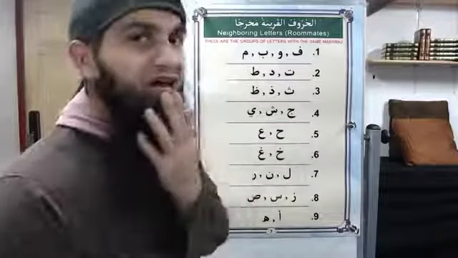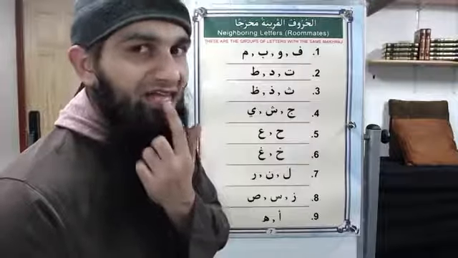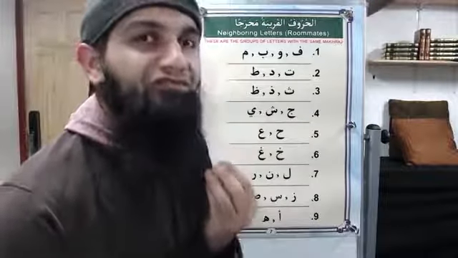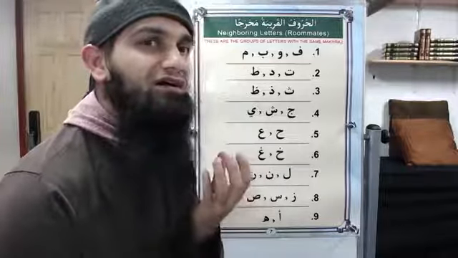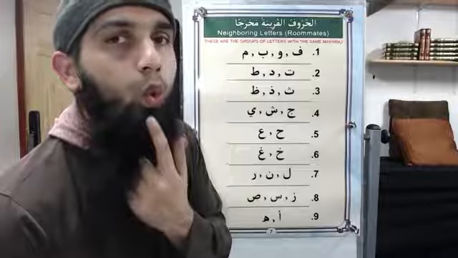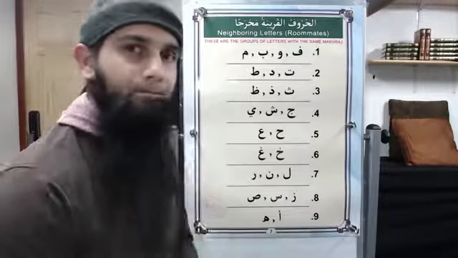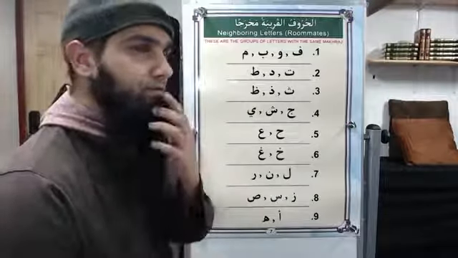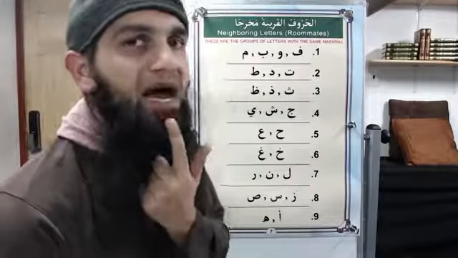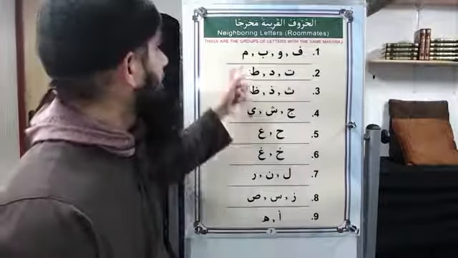So, fa, f, f. Make the sound. Wa, wa, wa. B, b, b. And this one, m, m, m.